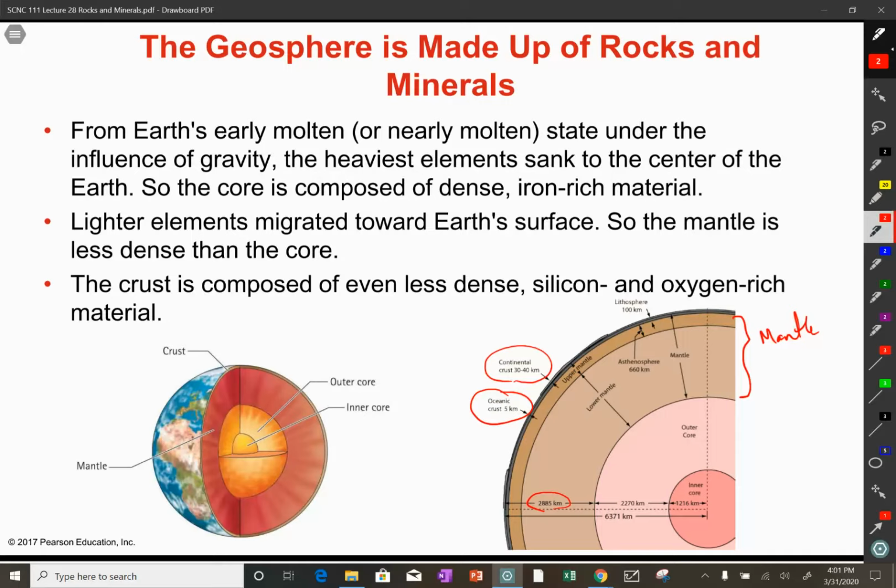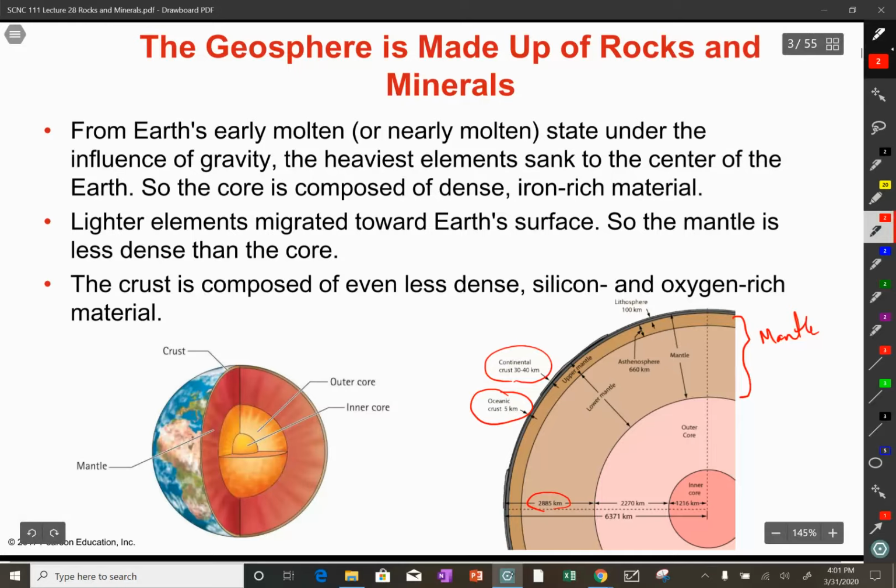The things that are above the asthenosphere, which is not listed here, we call the lithosphere. So what's above the asthenosphere is the lithosphere, and it contains part of the upper mantle and the oceanic crust. That's what makes our tectonic plates, the pieces on the surface of the earth that slide around.